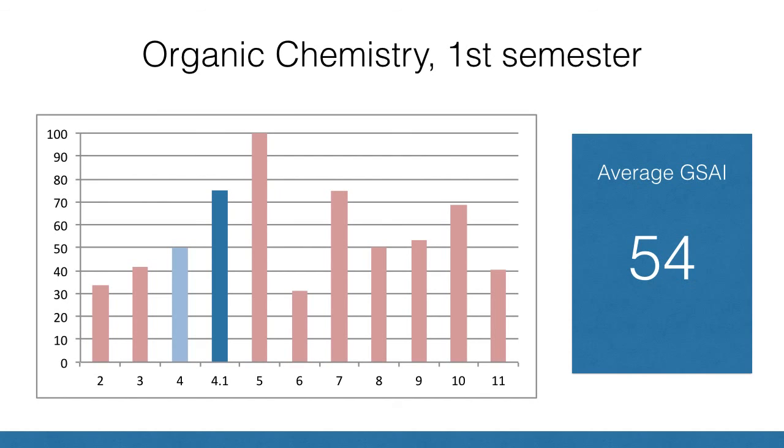In organic chemistry, solvents are usually the worst offenders. So in this example, the average GSAI is above 50, which is really good. Well, it's not really good, but it's above average, and so that means that EMU is doing something right.